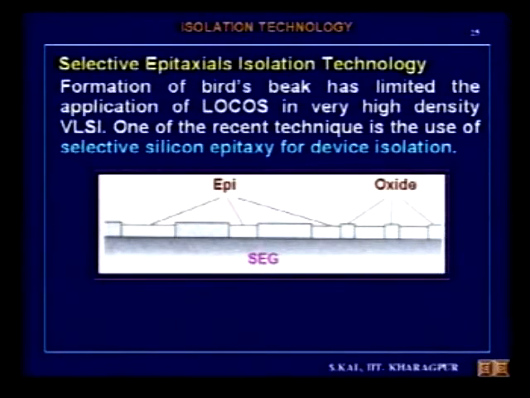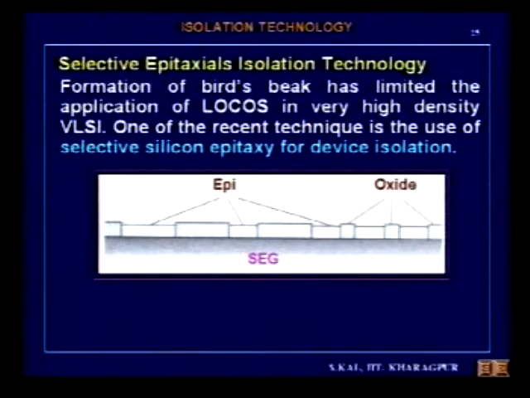Formation of bird's beak has limited the application of LOCOS in low-cost, very high density VLSI. One of the recent techniques is the use of selective silicon epitaxy for device isolation. So here is epitaxy, and in between the epitaxy the silicon dioxide is there. And how to get this isolated silicon epitaxial growth was already discussed in the selective epitaxy class. I am not repeating that.